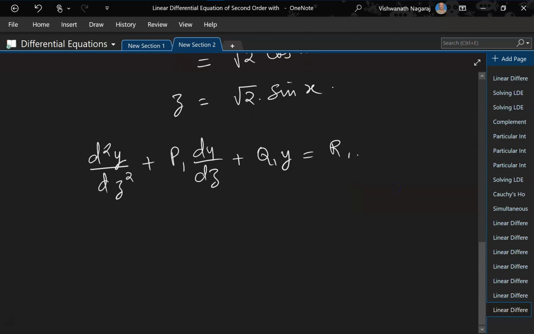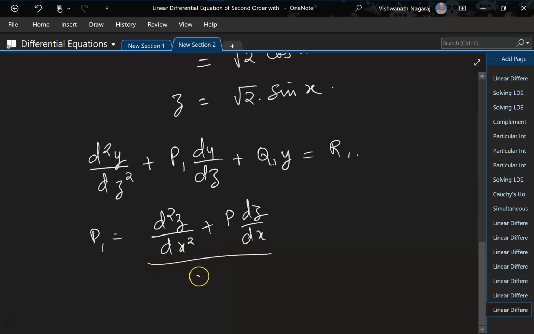Now here p1 would be, and this you have to remember, d²z/dx² plus p dz/dx. If you have understood the derivation, then it will be easier for you to remember this. And the whole thing divided by (dz/dx)².